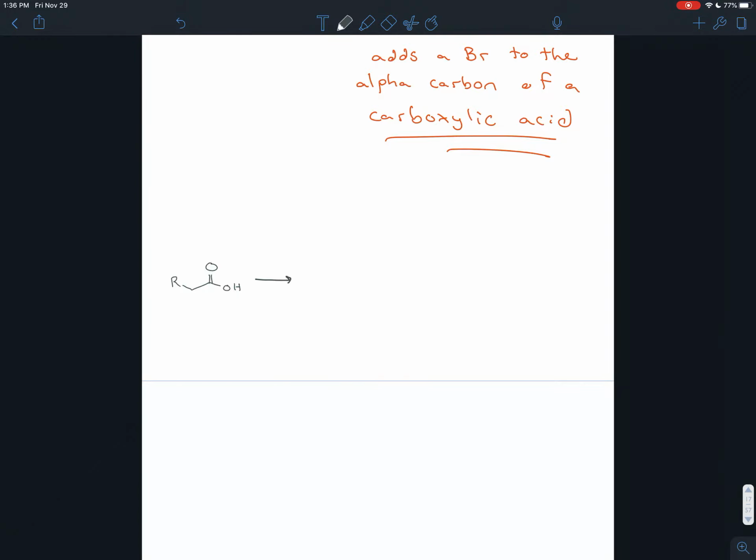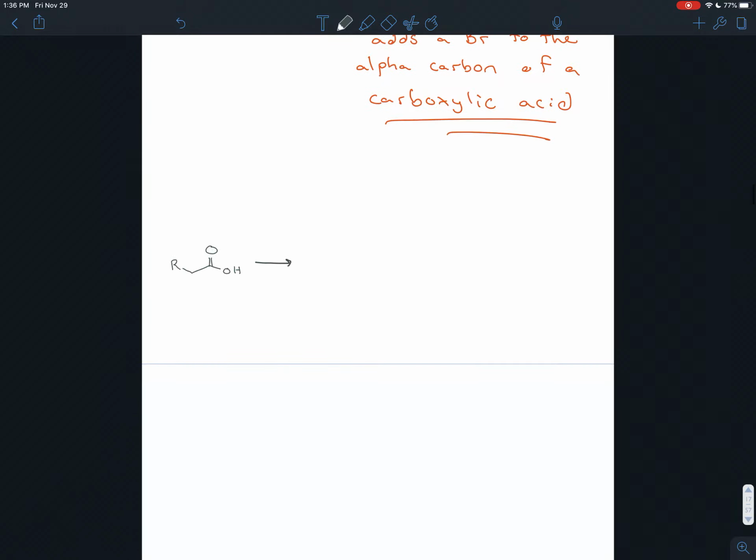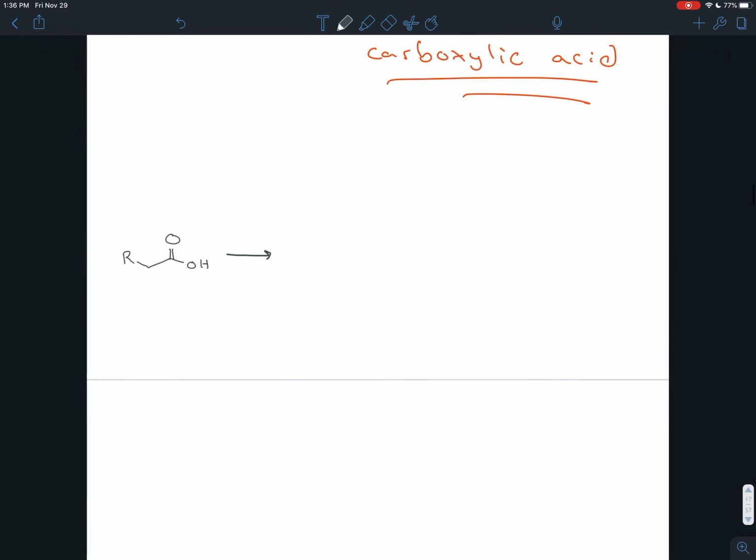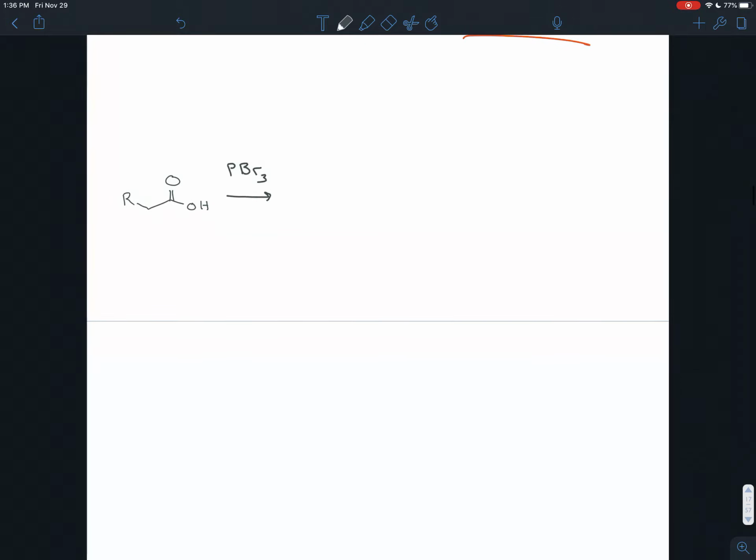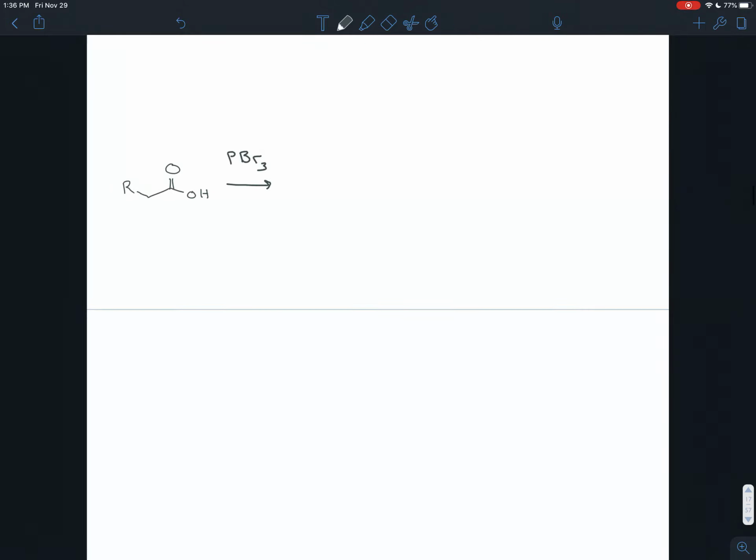The way you get rid of that in a way that allows you to regenerate the carboxylic acid at the end is with phosphorus tribromide. Now technically you could also use thionyl chloride. Phosphorus tribromide is really the bromine equivalent of thionyl chloride, and I'll show you how the mechanism works for that in a second. But in the sense that it will replace the OH with a Br.